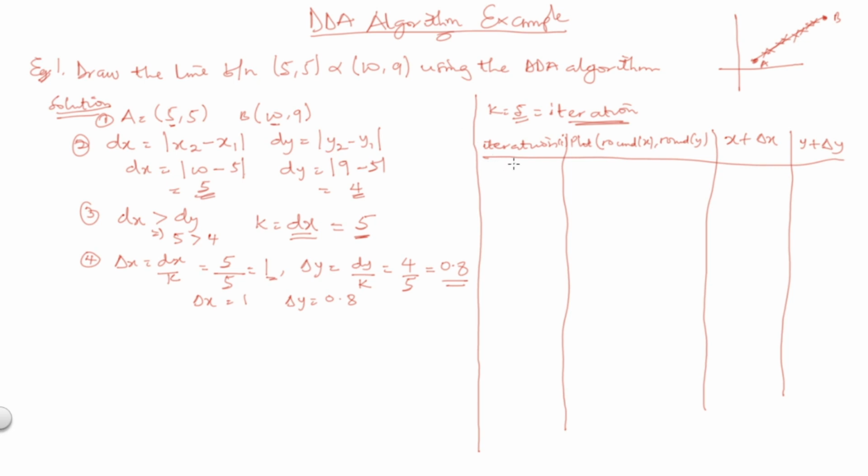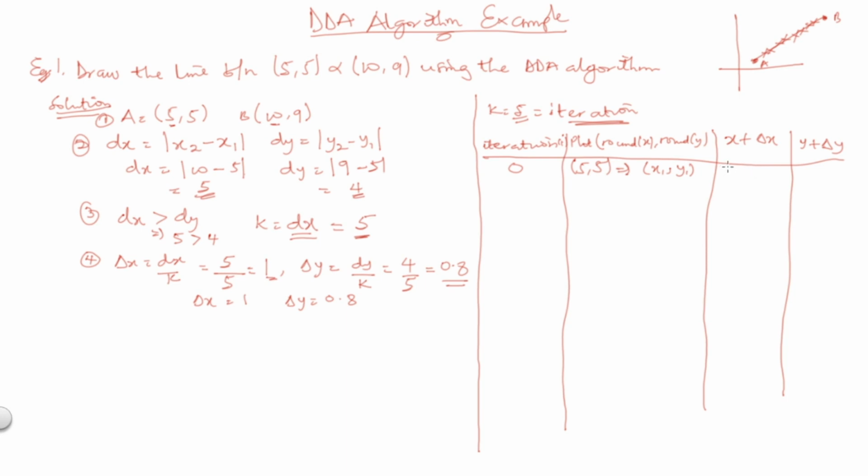From iteration 0, that is the point A, we have 5, 5, in x1 and y1. So those are the initial points that I'm considering.